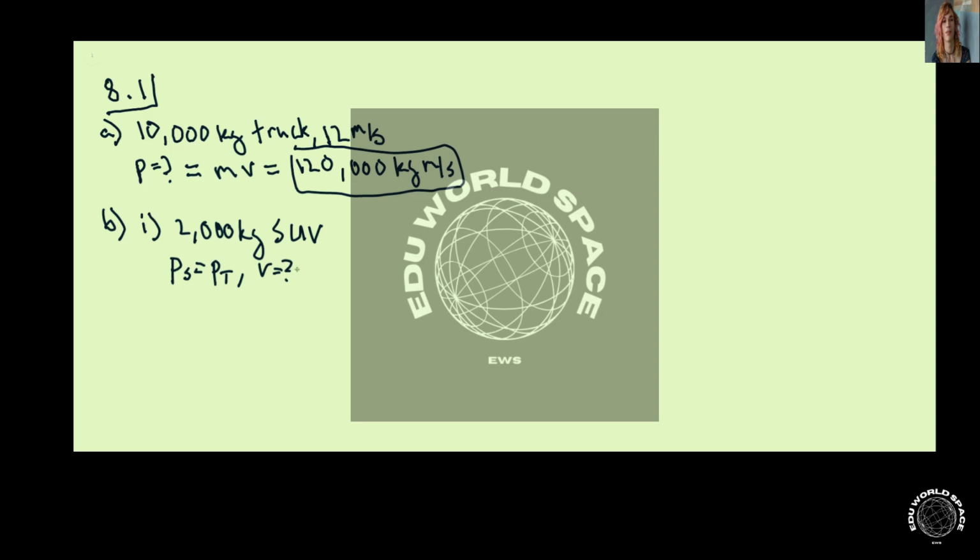And so what is the speed at which this happens? Well, you can see from here that V is going to be P over M. And this works out to give you 60 meters per second in order to have the same momentum.